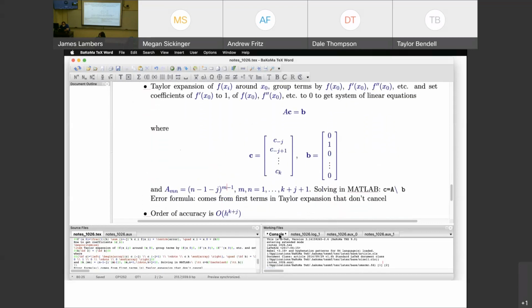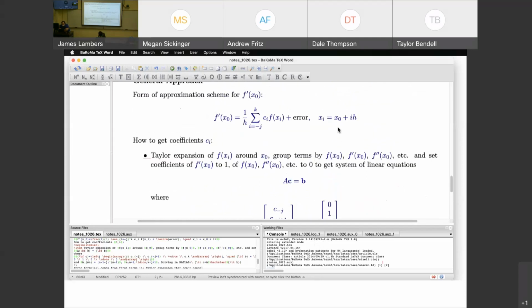The exponents depend on the row: 0 for the first row, 1 for the second row, and so on. So then you can form this matrix and this right-hand side, and then you can solve the system in Matlab using a backslash. And then get your coefficients. And then you can include those in here, and then you're dividing by h.